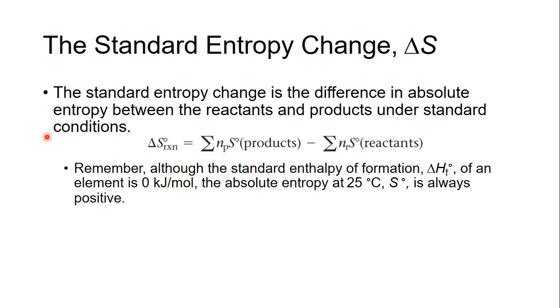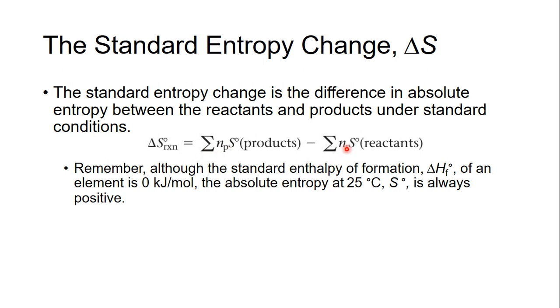When we're talking about entropies, we can have delta S. That is, in a reaction, how does our entropy change? We say delta S of the reaction. That is, the change in standard entropy for our reaction is the sum of the number of moles of each product multiplied by the standard entropy of those products, all added together. That's what that sigma means.